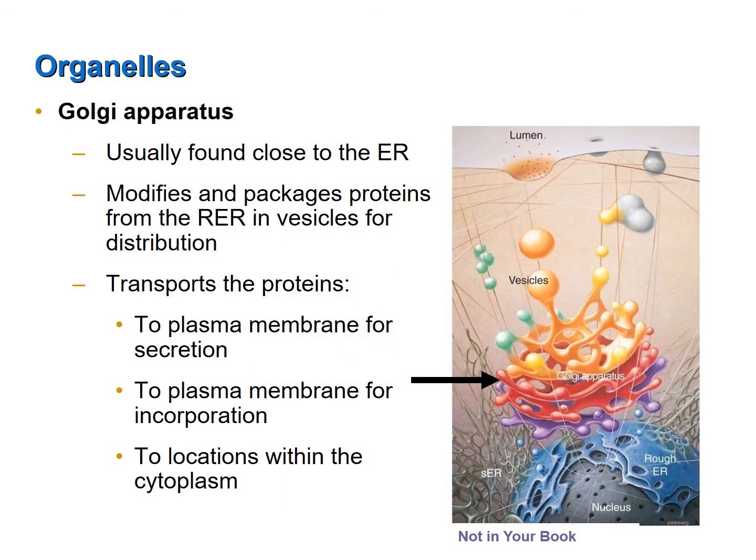The Golgi apparatus is an organelle that is found in close proximity to the smooth and rough endoplasmic reticulum. Like the smooth and rough endoplasmic reticulum, it is composed of fluid-filled tubes called cisternae.